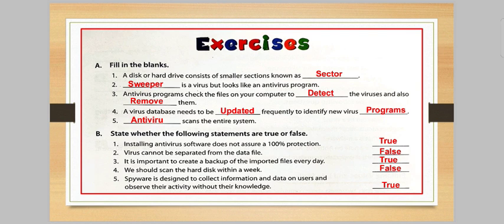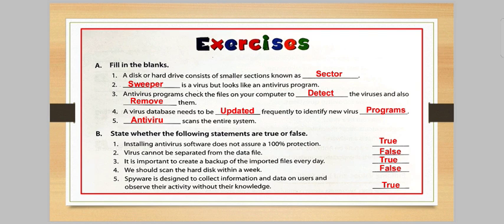So first, installing antivirus software does not assure 100% protection. This is true because we need to update the antivirus software frequently. Next, virus cannot be separated from the data file. Sometimes the virus can be separated from the data file, or sometimes cannot be separated.